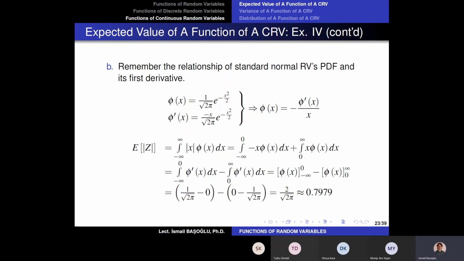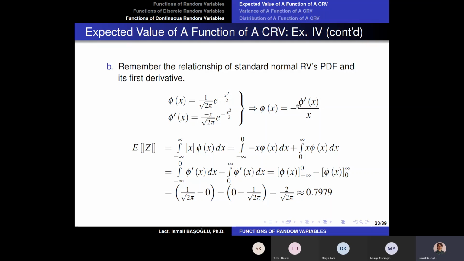Now, if you remember from last week's lecture, I have shown that this is the probability density function of a standard normal random variable. And when you calculate the first derivative of the probability density function, you get -x times the PDF itself.